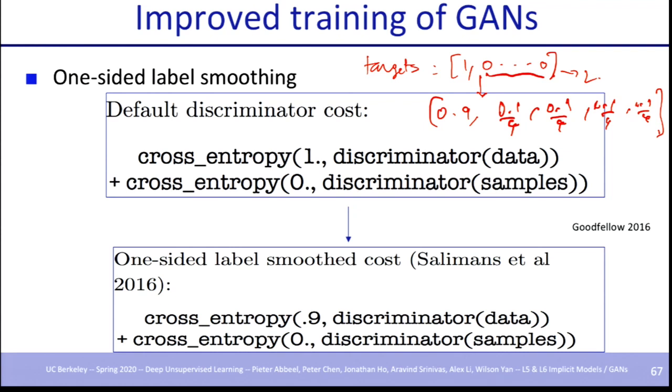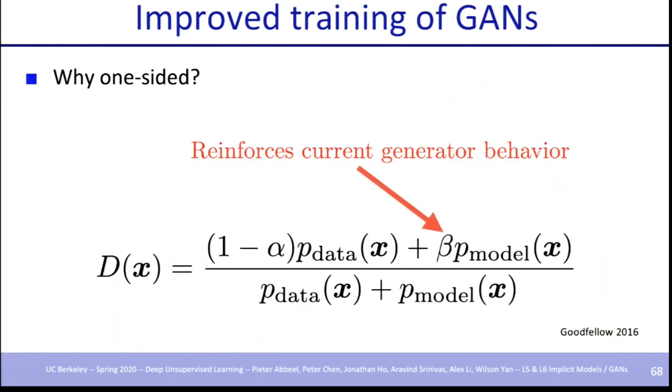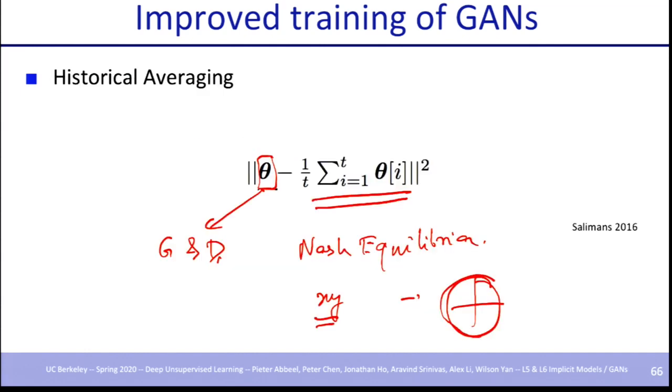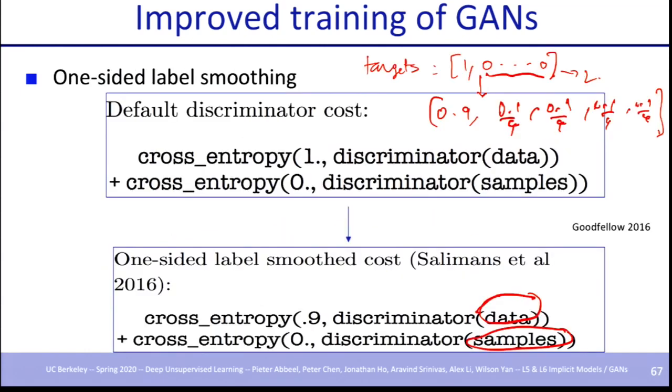So the generated samples don't have any label smoothing, but the real data samples have the label smoothing. And the argument that the authors make is the following. If you write down the optimal discriminator given the label smoothing noise that you're adding, since it's a binary classifier, it's just not the way I wrote it. For instance, it's just going to be like 0.9 and 0.1.